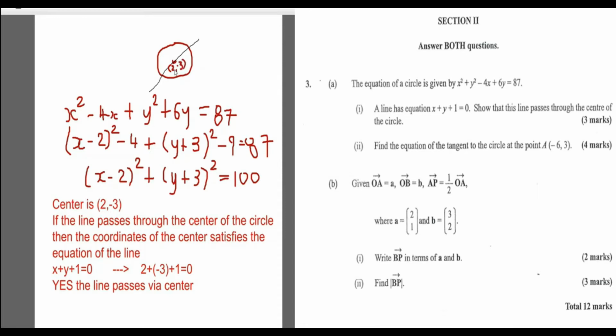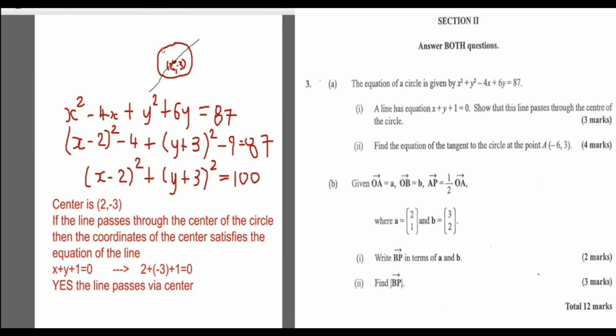So if this is 2, then an x value of minus 6 is over here, and then positive 3 would be here.